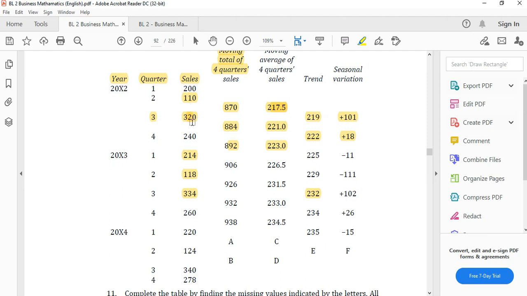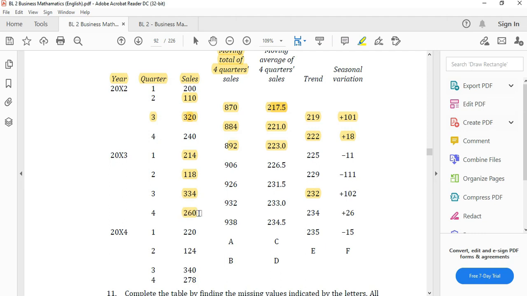Then 110, 320, 240 and 214, 884. 320, 240, 214 and 118, 892. 240, this set is 906. 214 onwards, 4 numbers, 926. 118 onwards, 4 numbers, 932.